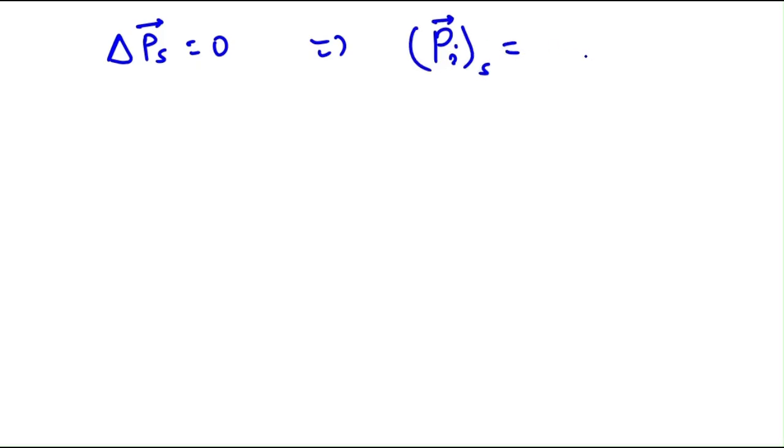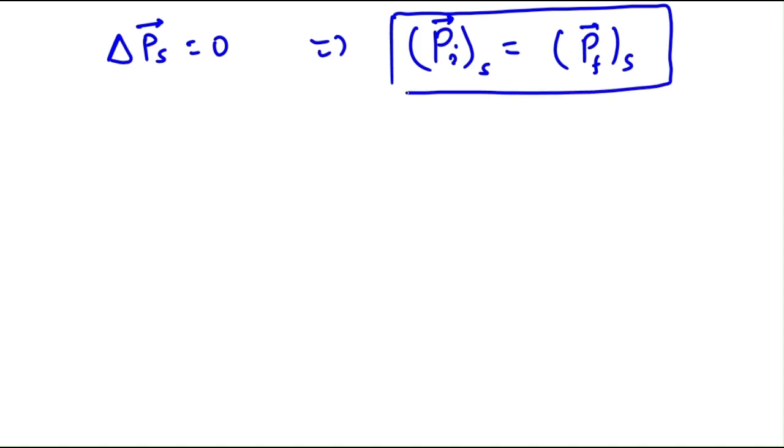Let me write it once again. Delta PS is 0. That is, the initial momentum of the system is equal to the final momentum of the system. This we call conservation of linear momentum.